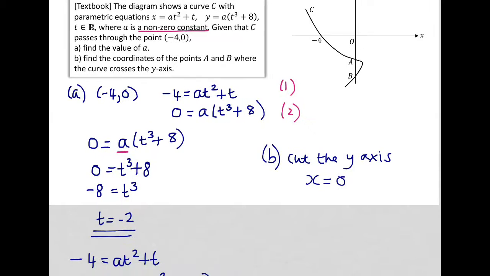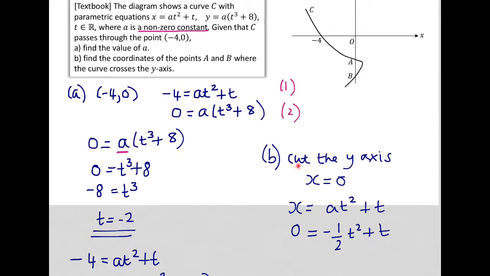So I know that x equals a t squared plus t, and I know that a is negative a half, so I can say that now 0, because x is 0, equals negative a half t squared plus t.